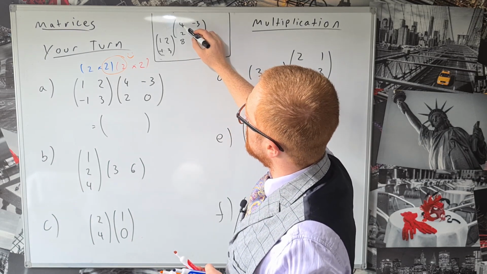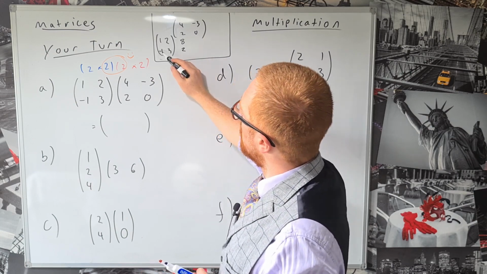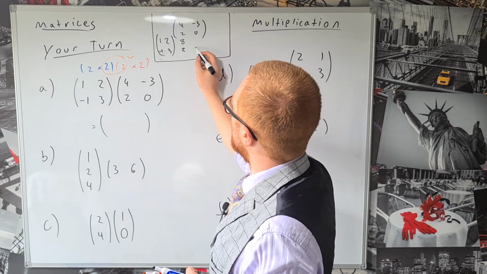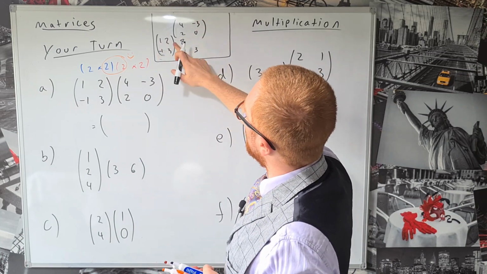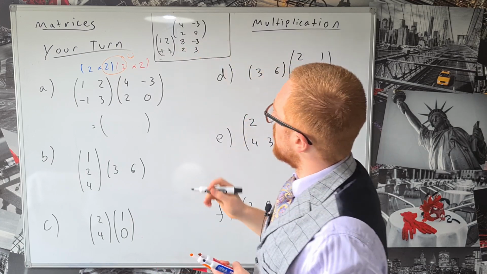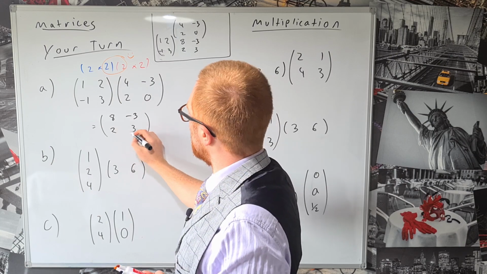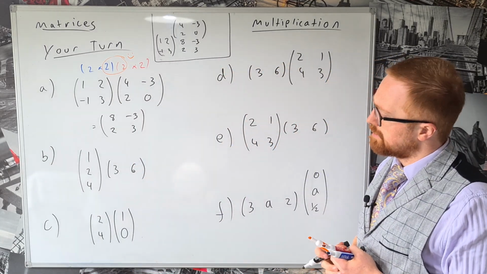Minus 1 times 4 is negative 4, 3 times 2 is 6, negative 4 plus 6 is 2. Minus 1 times minus 3 is plus 3, and then times the 0, we get 3. And then 1 times negative 3 is negative 3, again, times the 0 just gives me negative 3. So the answer to this one is 8, negative 3, 2, 3. So well done if you managed to get that right at home.